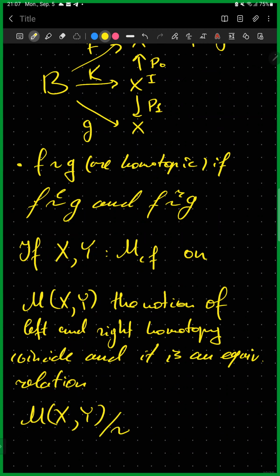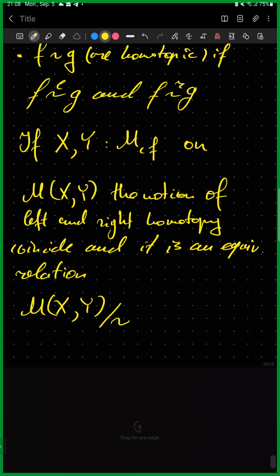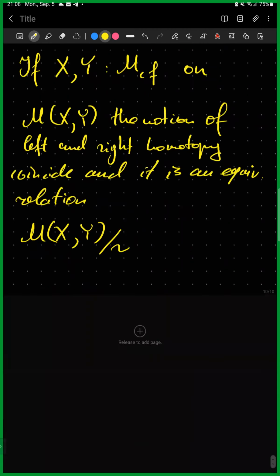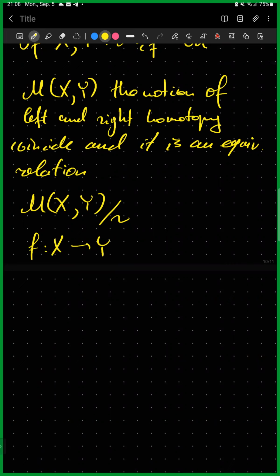And as it turns out, another important feature of fibrant and cofibrant objects is that a map f from X to Y is a weak equivalence if and only if it is a homotopy equivalence.